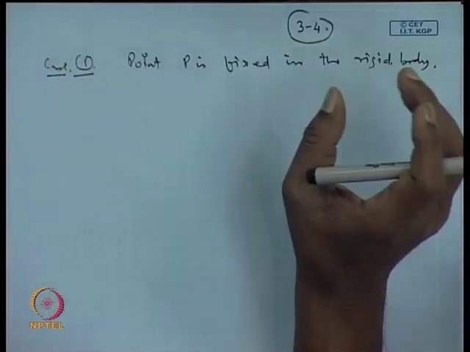As per our last discussion, the rate of change of a scalar will remain the same whether we see it from a rotating reference frame or from a non-rotating reference frame.